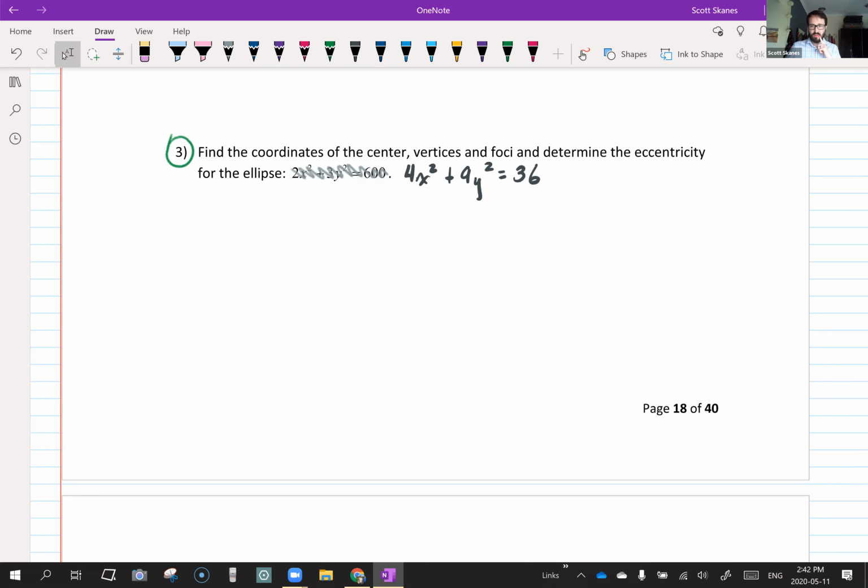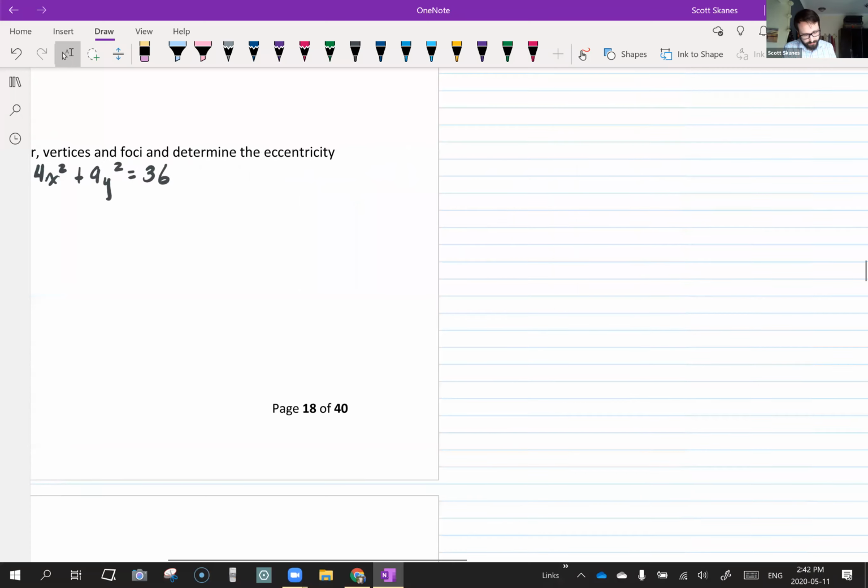From here, I'm going to show you how you solve these questions. I'm going to write to the side the 5 steps one more time. 1, 2, 3, 4, 5. The 5 things you need to be concerned with are: where is the center? What are the vertices?